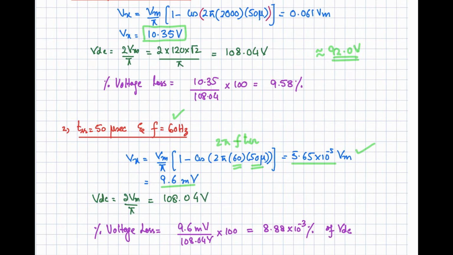The DC voltage in the absence of the loss was 108.04 volt, so in percentage this is simply 8.88 millipercent, or about 10 raised to power minus 3 percent. It's a very small loss.